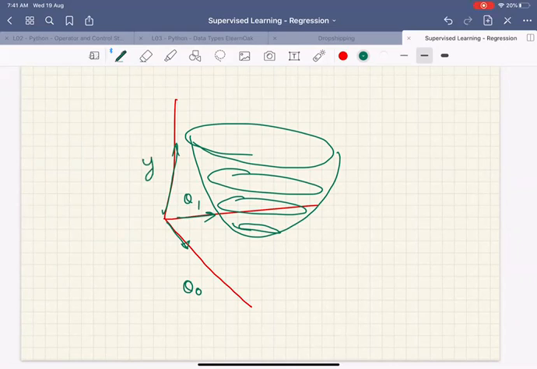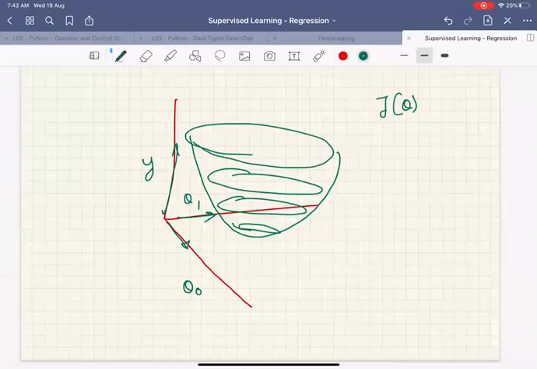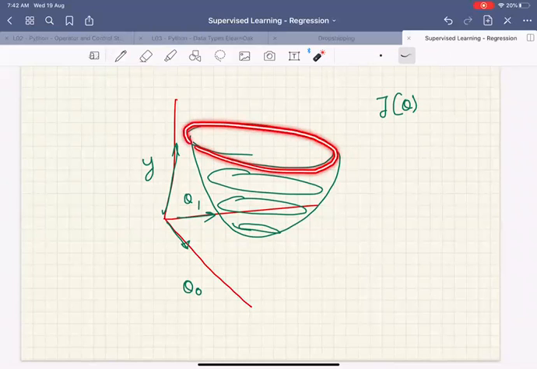Okay. And we see that as we change theta 0 and theta 1, what we are plotting is J of theta. J of theta takes different values. There are some combinations of theta 0, theta 1, let's say the combinations on this top circle, such that if I take any value of theta 0 or theta 1, giving me different points here, my J value remains constant.